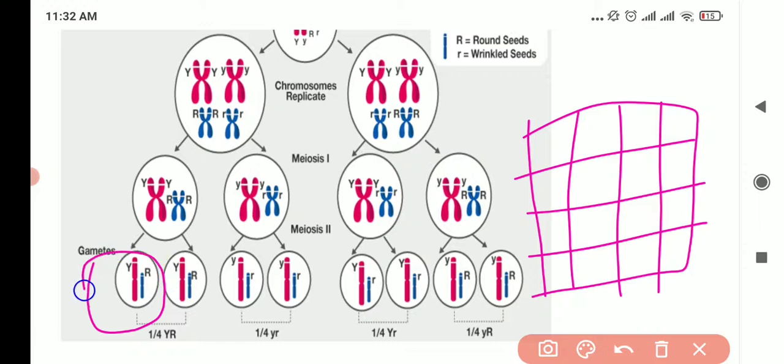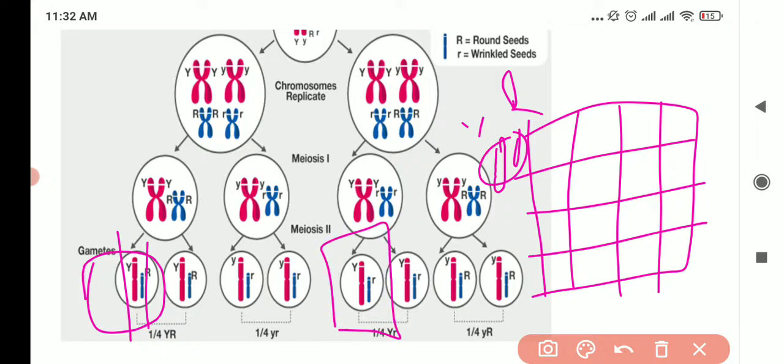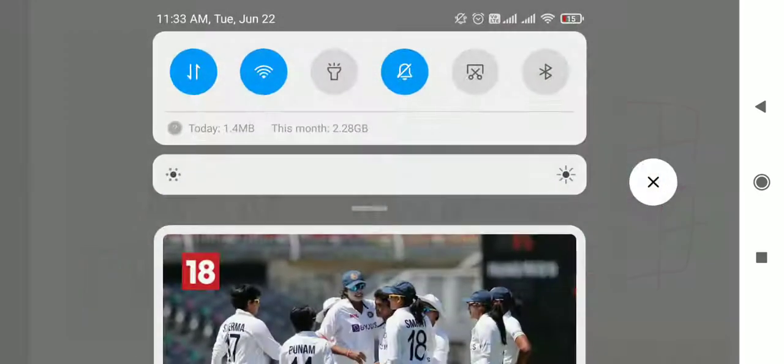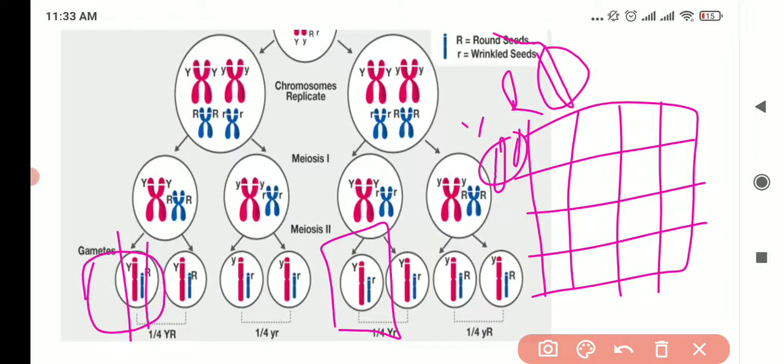Now this gamete here, I will draw capital Y, capital R. So draw the chromosome Y and the chromosome R. Then from here the female, remember you cannot cross male and male, it's male and female. Then here capital Y, small r. So you draw this haploid cell with capital Y chromosome and small r chromosome.